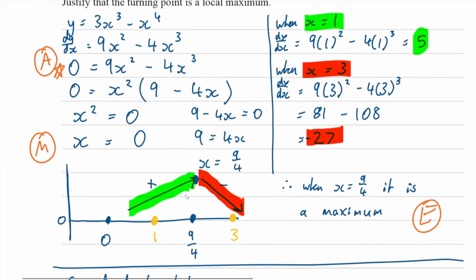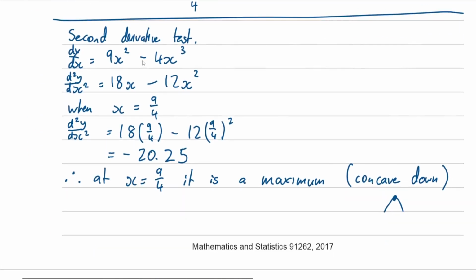Alternatively, instead of doing this sort of gradient diagram, you could use the second derivative test. So calculate the second derivative, substitute in x equals 9 over 4, and since the gradient was negative, it is a maximum. If the gradient was positive, it would be a minimum. And if the gradient was 0, it would be a point of inflection.